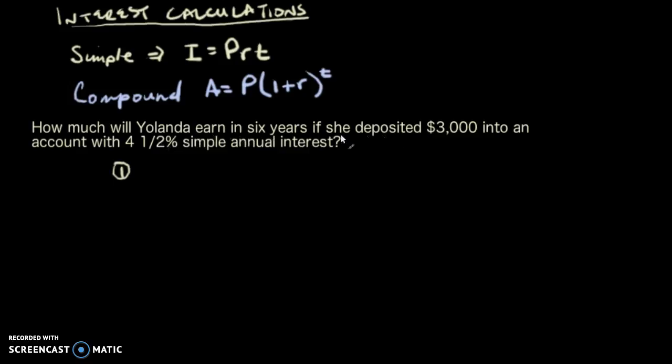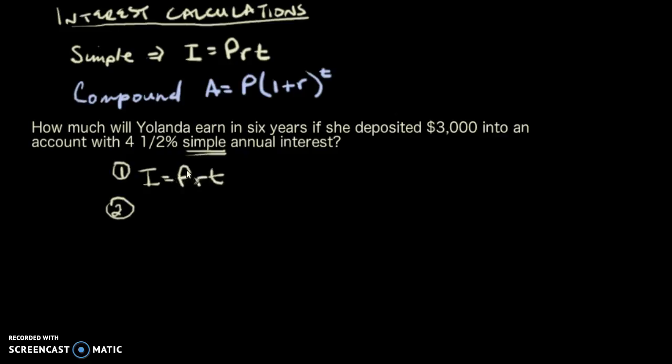So this is simple interest, so I equals PRT. Step 2 is to replace the, here unlike the shapes, we don't have to worry about replacing any of these with something else.